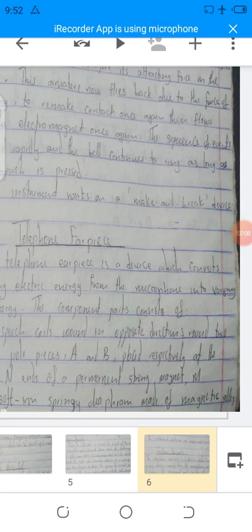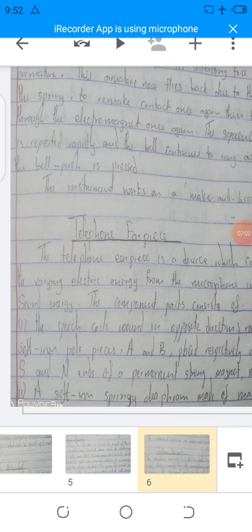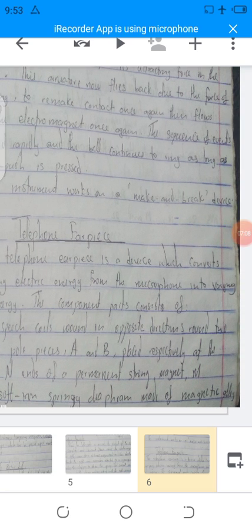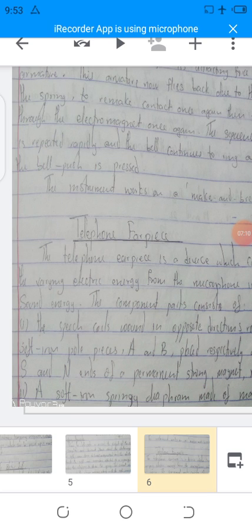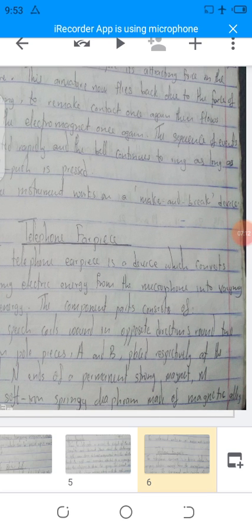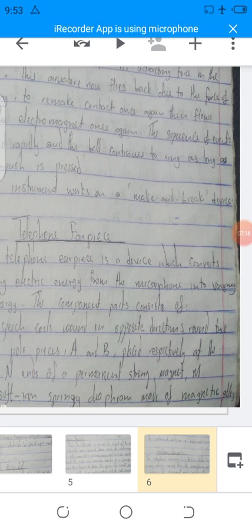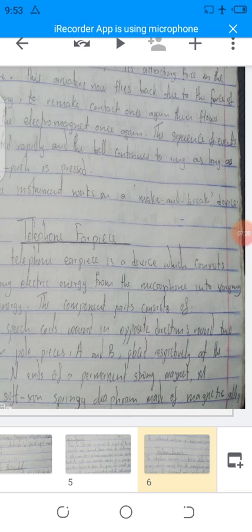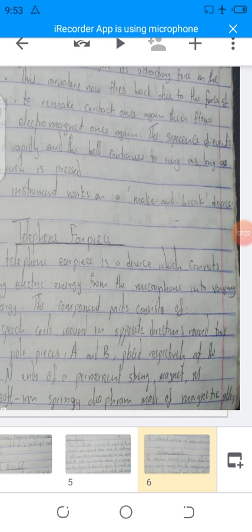The sequence of this event is repeated rapidly, and the bell continues to ring as long as the bell push is pressed. The instrument works on a make and break device.